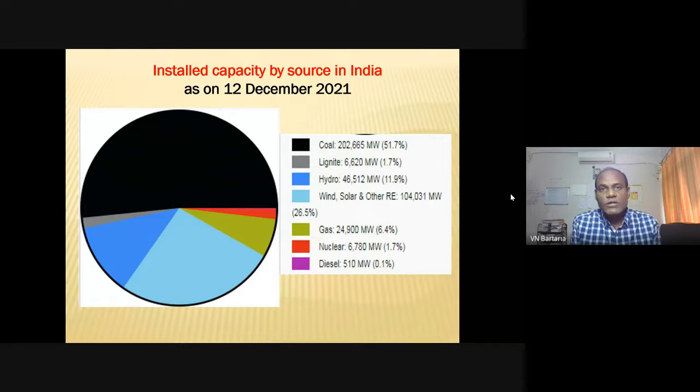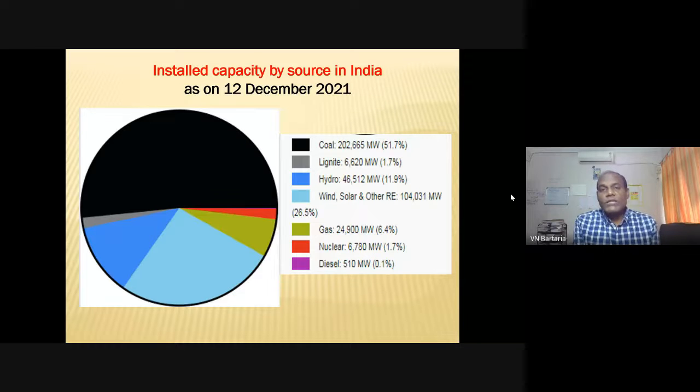Coal-based power plants are sharing 51.7%, while hydro power plants have 11.9% share. Wind, solar, and other renewable energy sources have 26.5% of the installed capacity. Gas 6.4%, nuclear 1.7%, and diesel is very little, 0.1%.